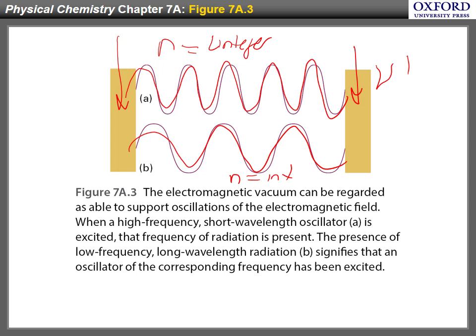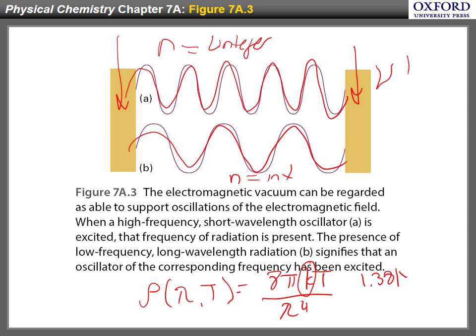So he derived the rho value to be rho of lambda and T, which equals 8 pi kT over lambda to the 4th power. And of course, k here is the Boltzmann constant, and it's 1.381 times 10 to the minus 23rd joules per Kelvin.